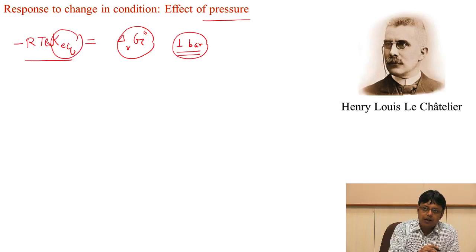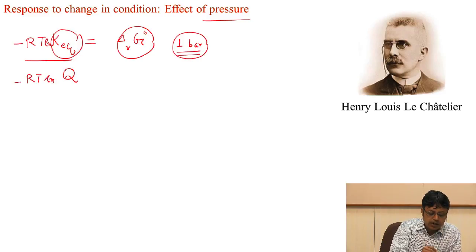So even if we change the pressure, there should not be any change in K equilibrium. However, RT ln Q can change, of course. The reaction quotient can change because that is not connected to the standard pressure, but the equilibrium constant will not change.